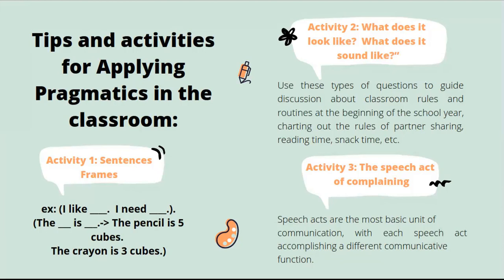The activity number 3 is called the speech act of complaining. Speech acts are the most basic units of communication, with each speech act accomplishing a different communicative function. Speech acts can be broken down into smaller components or strategies that speakers use to accomplish the communicative function.